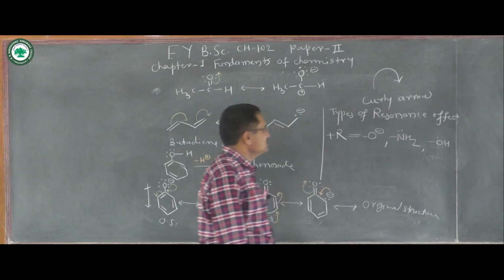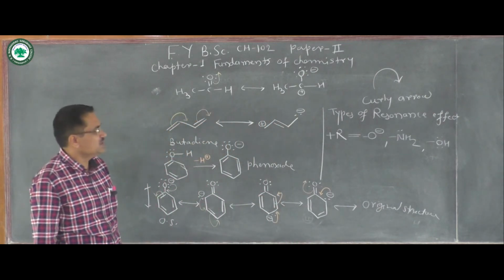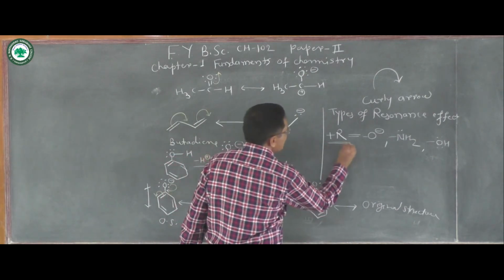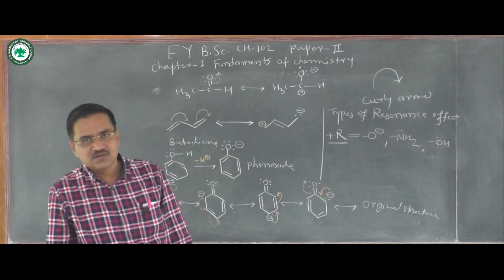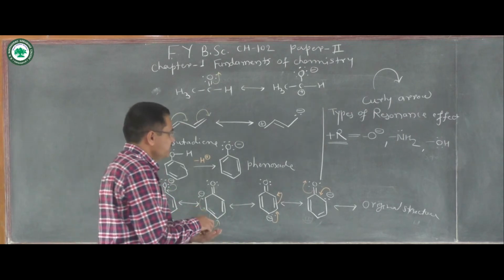These are the groups under plus R. Means these groups donate the electron to the carbon skeleton.